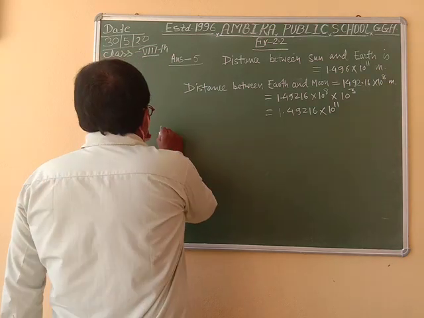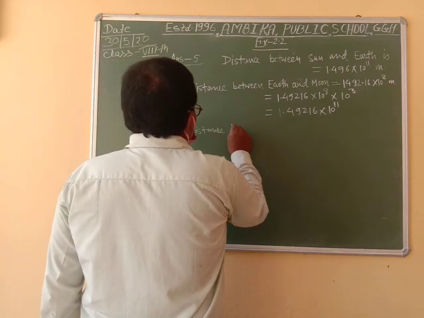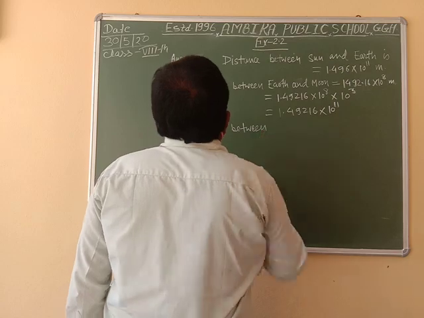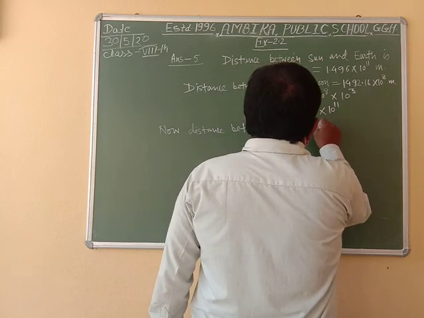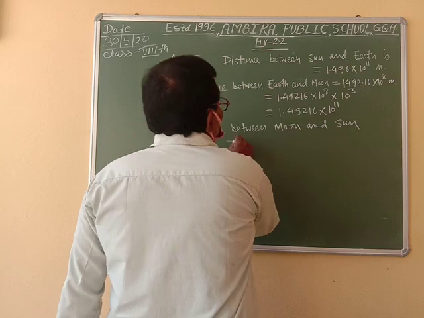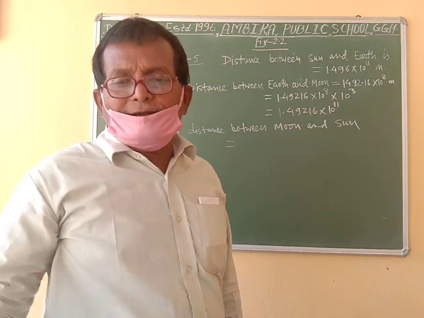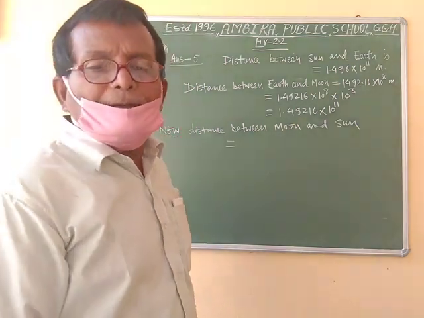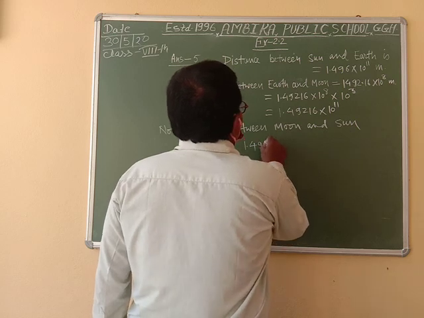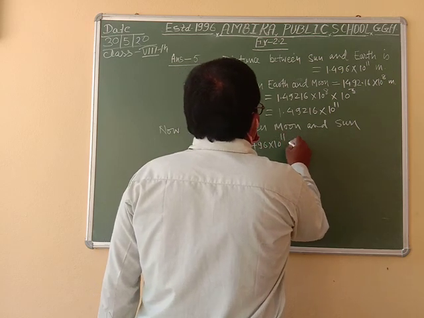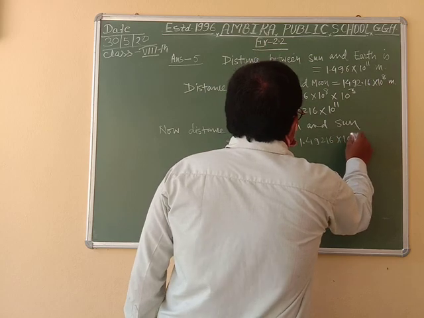Distance between moon and sun is equal to, we subtract 1.496 into 10 to the power 11 minus 1.49216 into 10 to the power 11.